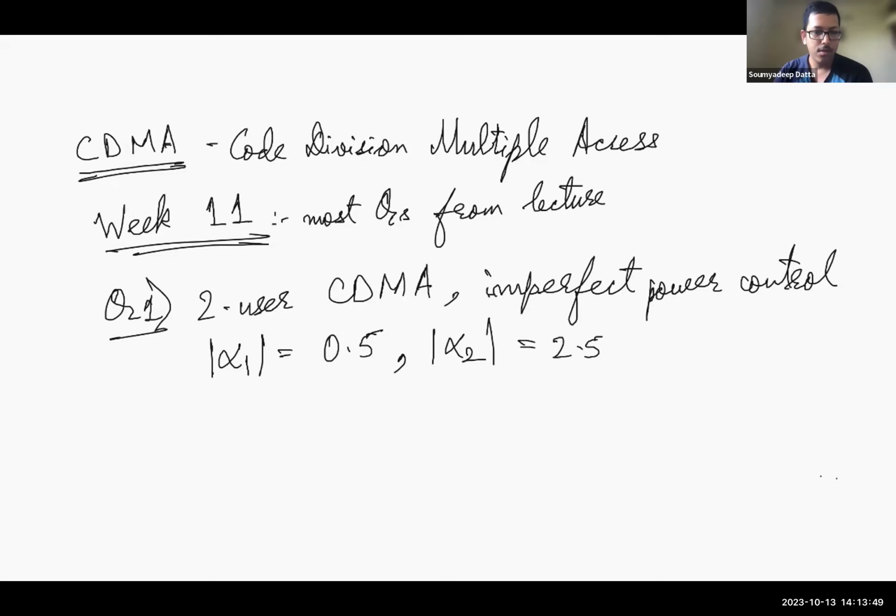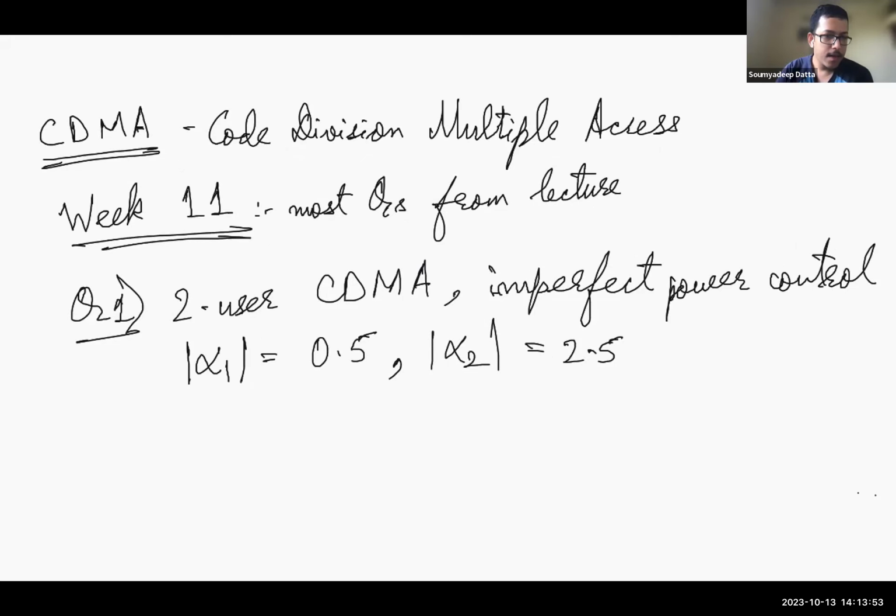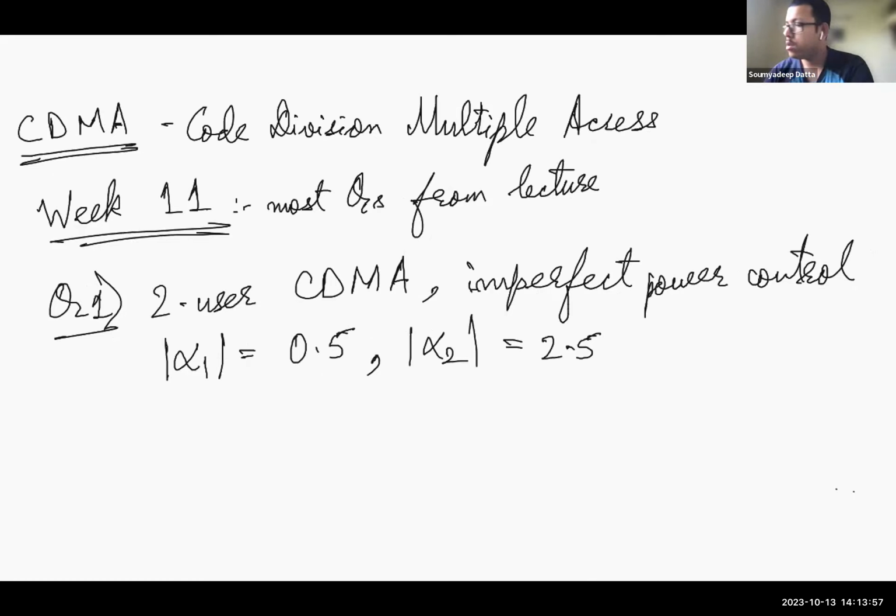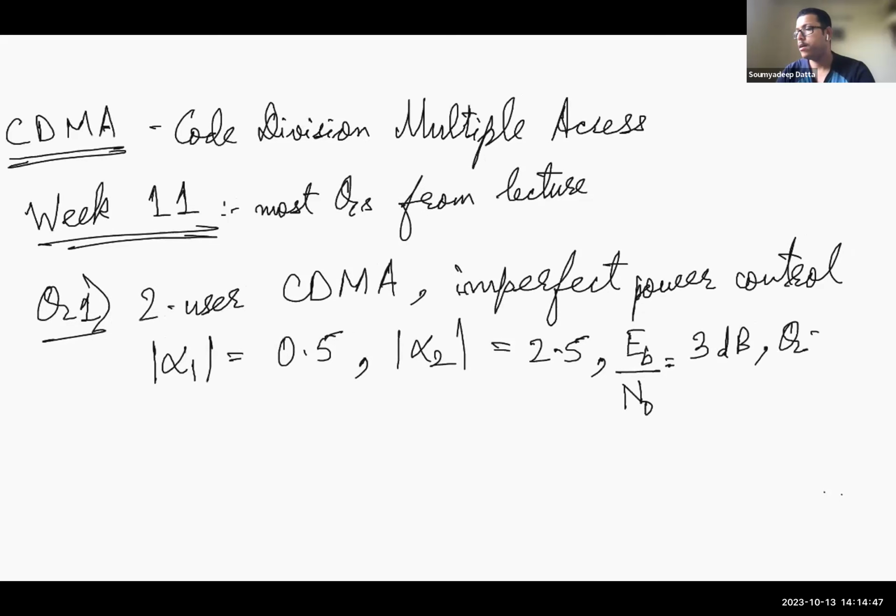You're told that the SNR for the AWGN channel, which is Eb by N naught, is equal to 3 dB, and the chip coefficient Q is equal to 32.